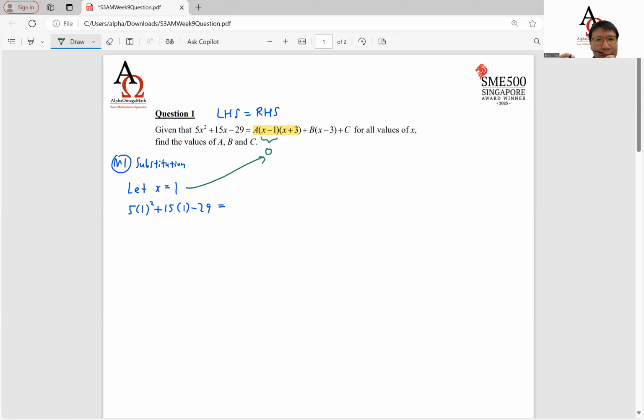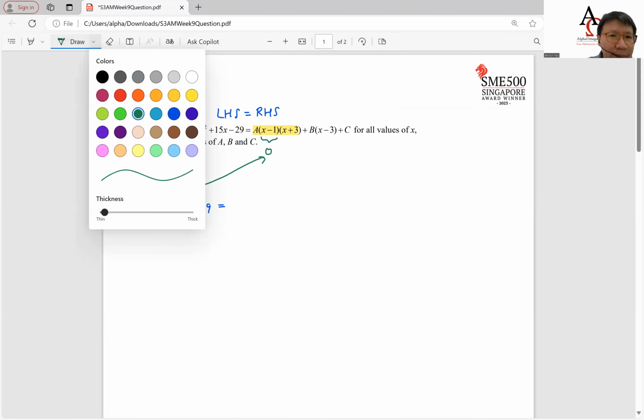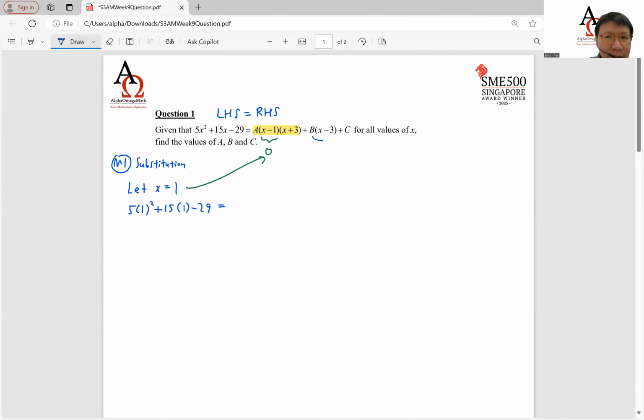So this whole term will disappear and you are left with just these two terms. So we have b bracket 1 minus 3 plus c. All right. So on this end, we'll have 20 minus 9 minus 29, negative 9.